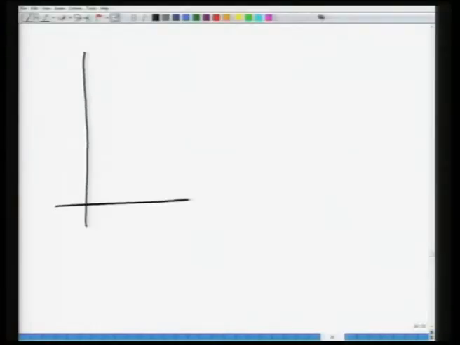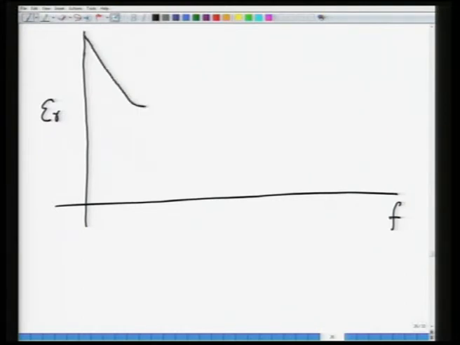So when you now plot this epsilon r as a function of frequency, it looks something like this. Okay, so this is how it looks.